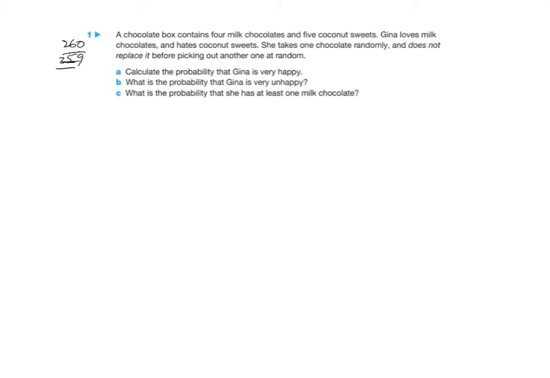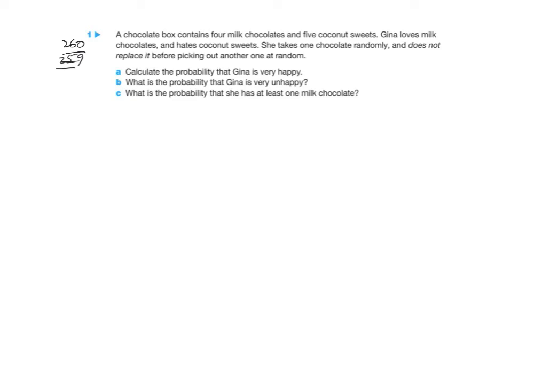And it says a chocolate box contains 4 milk chocolates and 5 coconut sweets. Gina loves milk chocolates and hates coconut sweets. She takes 1 chocolate randomly and does not replace it before picking out another one at random. Calculate the probability that Gina is very happy. Calculate what is the probability that Gina is very unhappy.